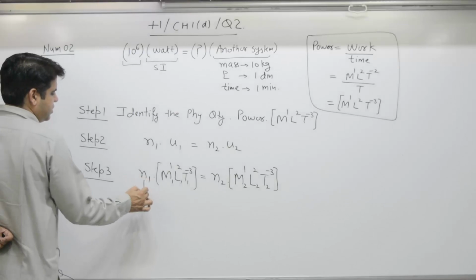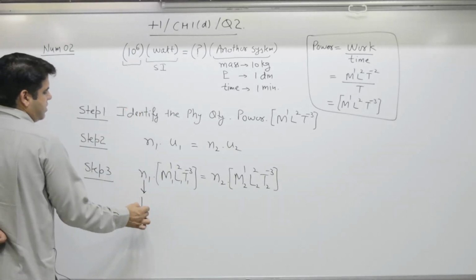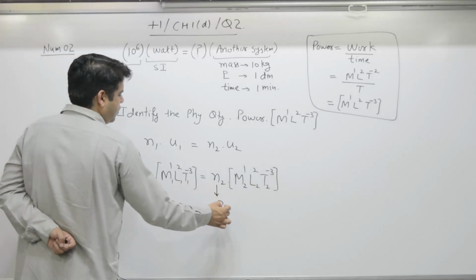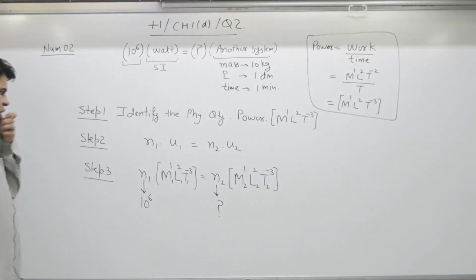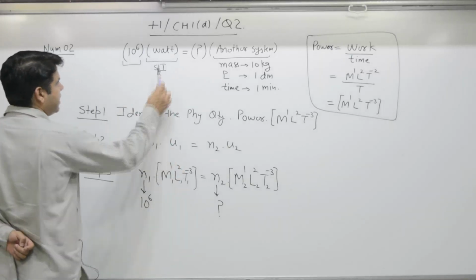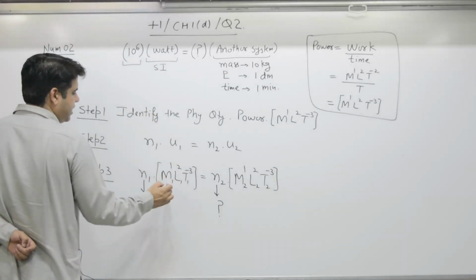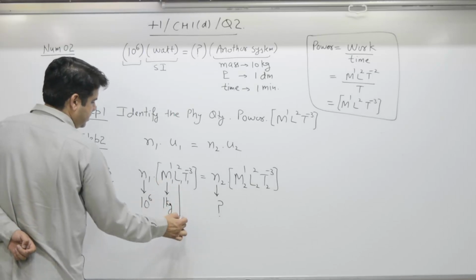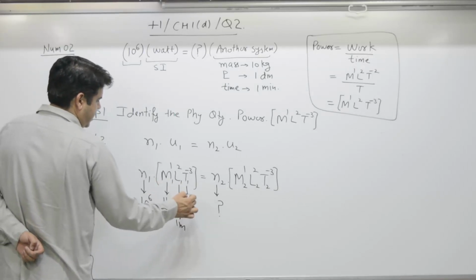N1 is how much? 10 power 6 watt. N2 you have to find out. In SI, this is SI watt. In SI, mass is 1 kg, length is 1 meter, time is 1 second.